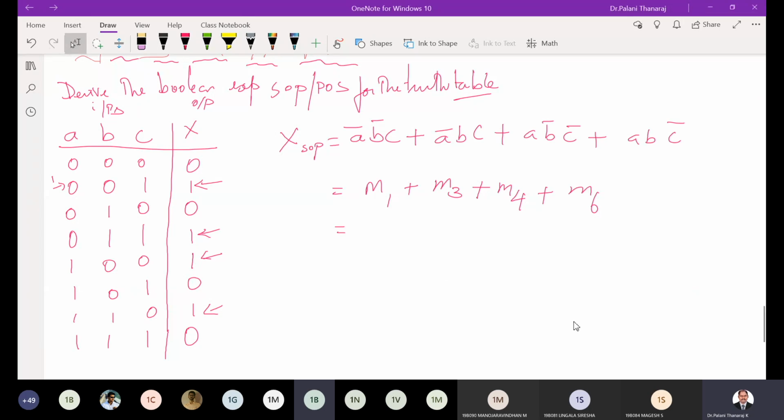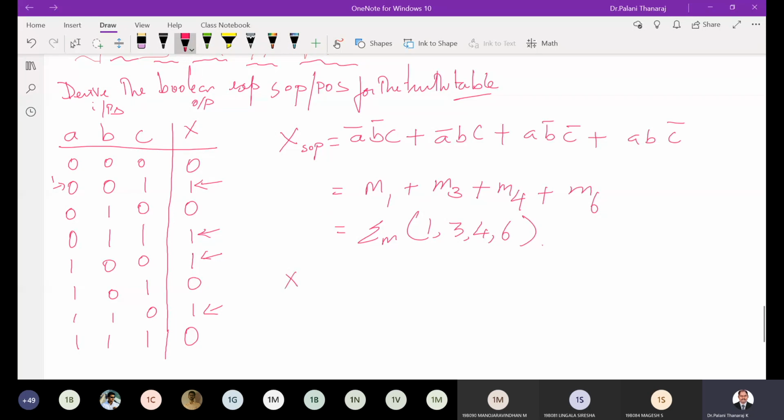Now you have to give me that in summation form. The other form also I told you. You just tell me what values I have to write. 1, 3, 4, 6. Very good. Excellent. So this is the SOP.